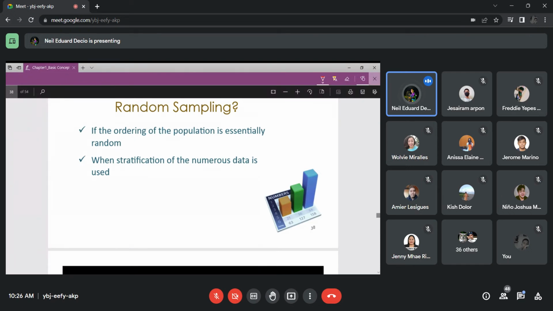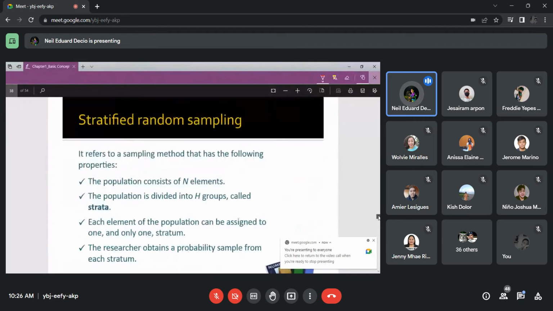So you can choose your respondents according to what you want to obtain. So that is non-probability sampling used in qualitative research.